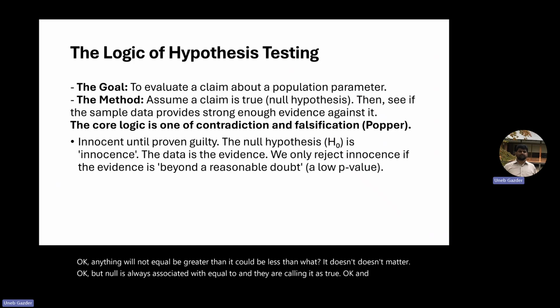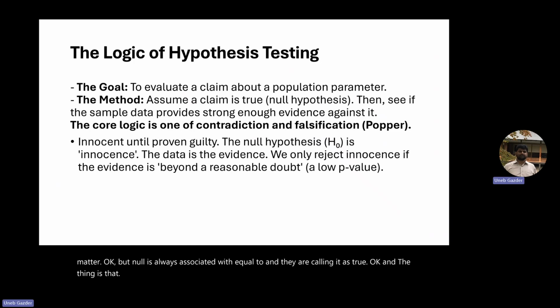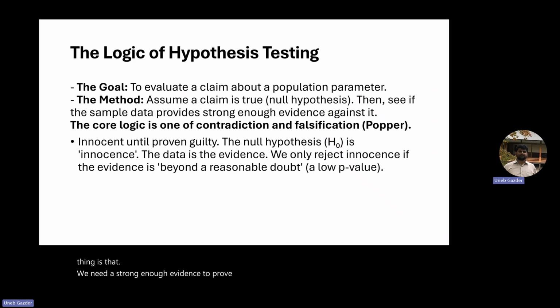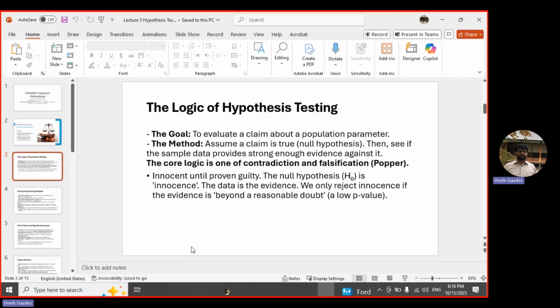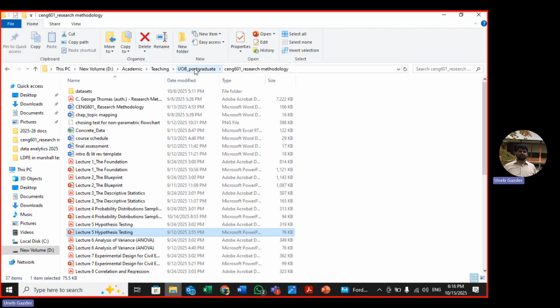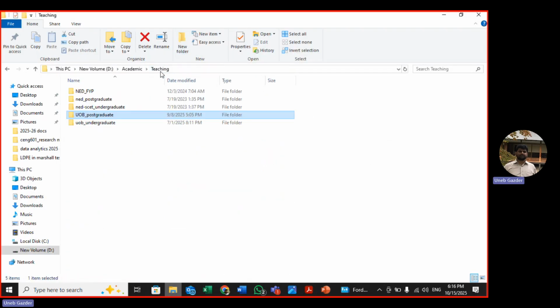The thing is that we need strong enough evidence to prove the hypothesis. We need strong enough evidence to prove the hypothesis. So I'll show you something on a graphic.